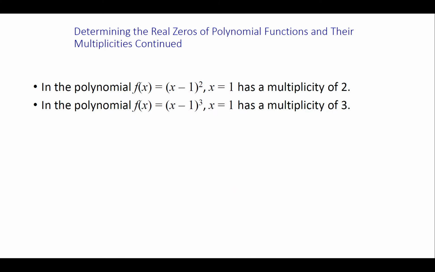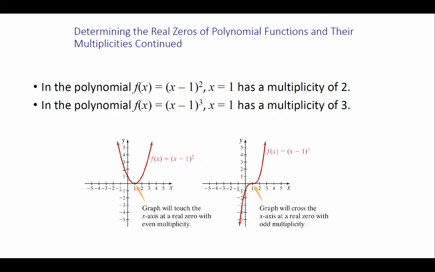So here in this case, for the first polynomial function, x equal to 1 is a 0 with multiplicity 2, and for the second polynomial function, x equal to 1 is a 0 of multiplicity 3. The idea about this multiplicity is, whenever you have even multiplicity, the graph touches that 0.